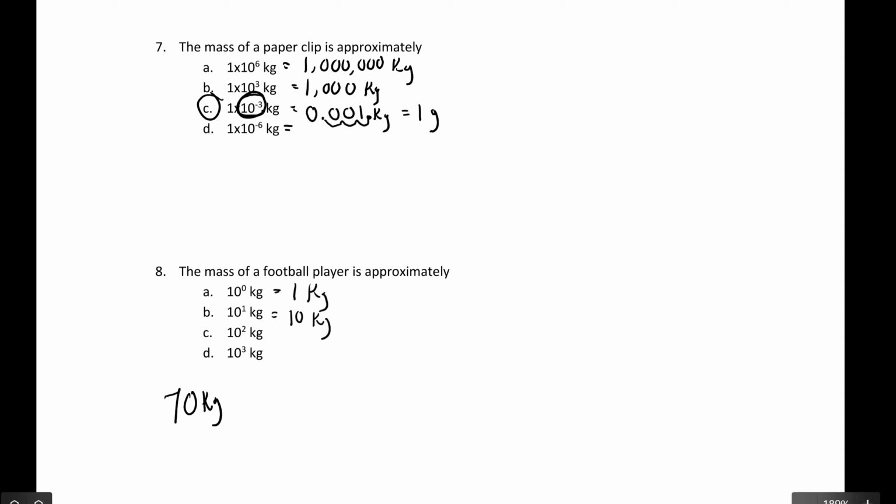So again, pretty small compared to 70. This is 100 kilograms. 100 kilograms is closer to 70 than 10 kilograms is. And if you're talking about a football player, maybe they're a big football player as compared to a typical student. Or is it 1,000 kilograms? Like more than 10 times as massive as a typical student? I don't think so. So it's going to be choice C.